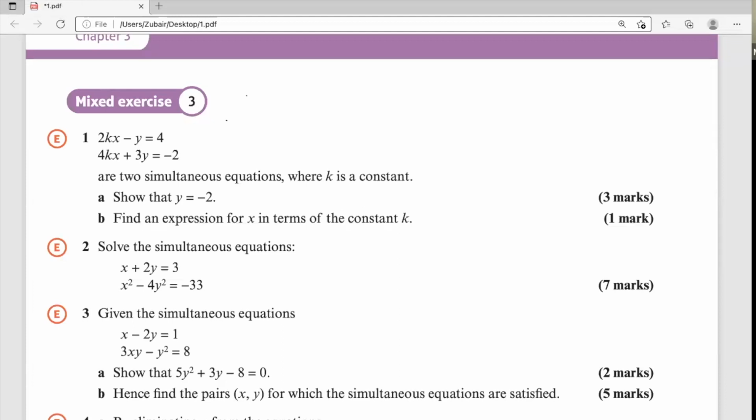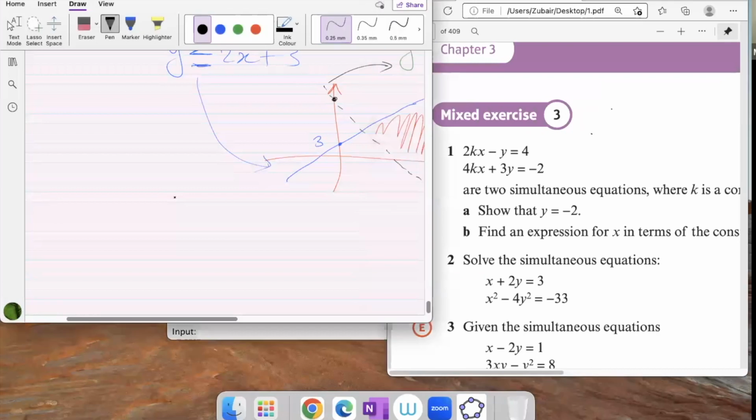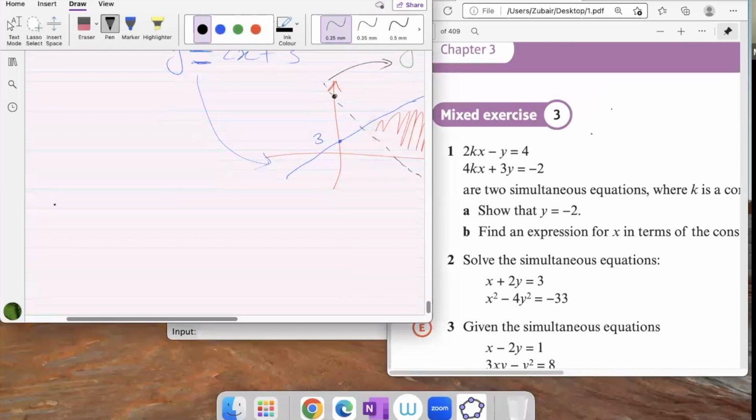We still have time. The question says 2kx minus y equals 4 and 4kx plus 3y equals minus 2 are two simultaneous equations where k is a constant. Show that y equals minus 2. How will you go about that? First, rearrange the equation.